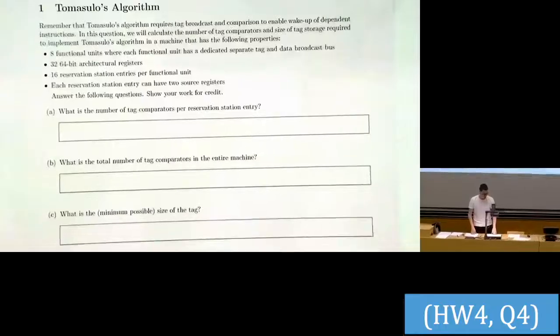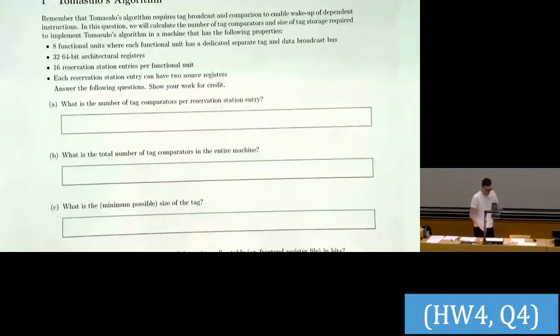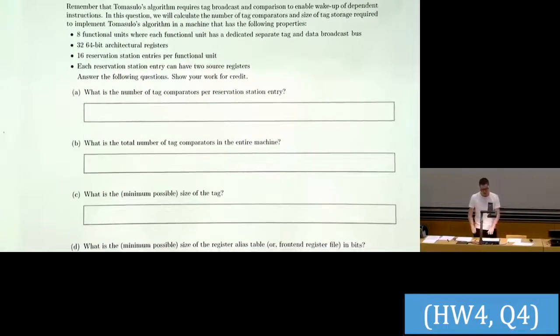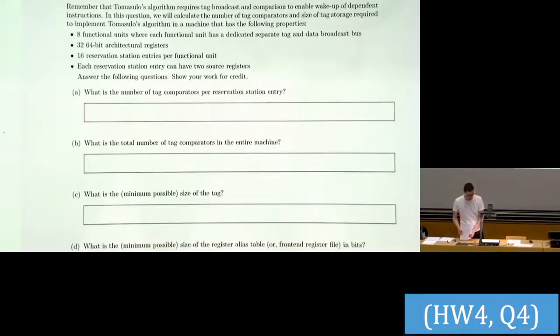Okay, so we will continue with this question on Tomasulo, and I think Professor Mutlu already showed some example during the lectures, but I think this is an important concept that we can go over once more.